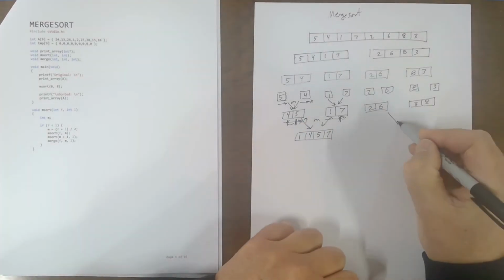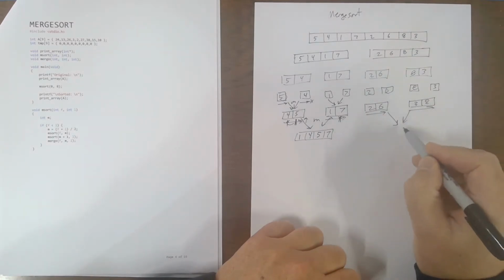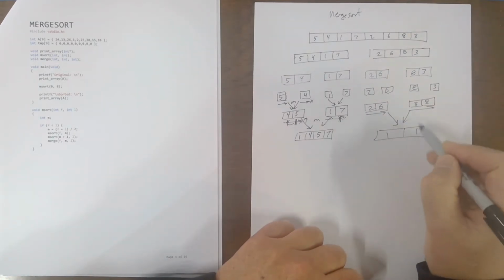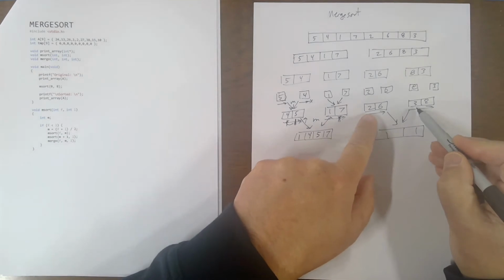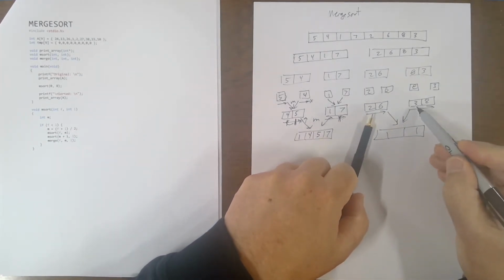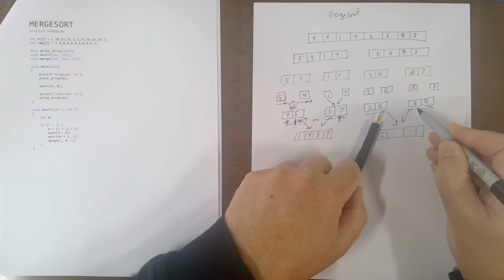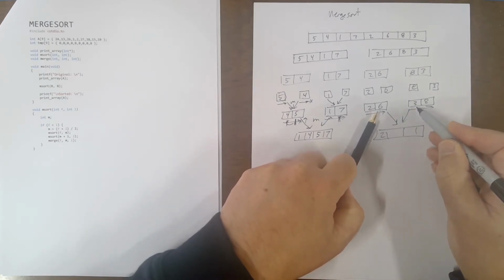I'll do that again over on this one. So you scan through here. You're scanning each one of these, maybe with 2 pencils would be good. You're looking at the 2 and the 3. The 2 is smaller, so you copy it down here and then move this array down. Now we're comparing the 3 and the 6.